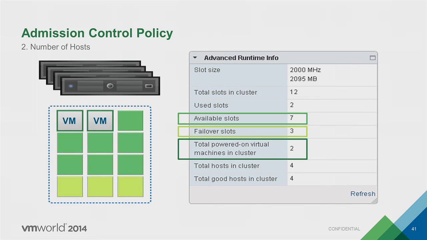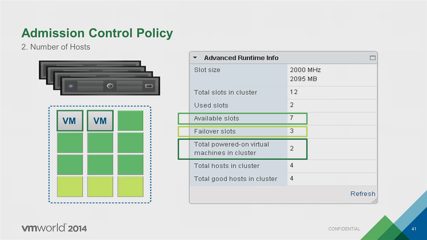The next policy is the number of hosts policy. It's also called the slot-based policy. So what is a slot size? Slot size is basically a logical entity that can fit any powered-on VM in the cluster, which means it will have the CPU size and memory size to accommodate any powered-on VM already in the cluster.